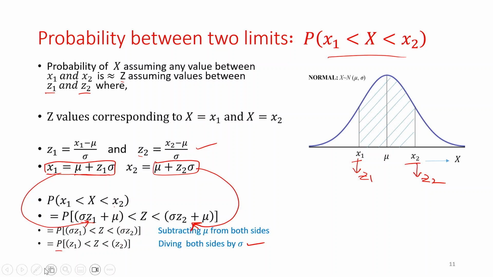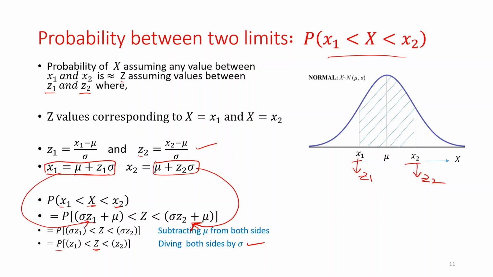That means the probability of X lying between x1 and x2 is equal to the probability of Z lying between z1 and z2. They are basically equivalent.